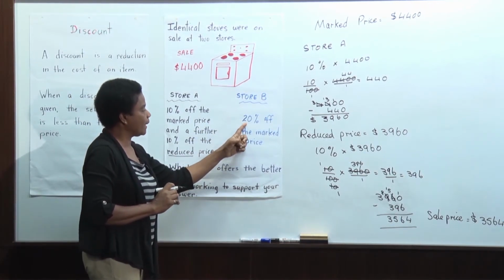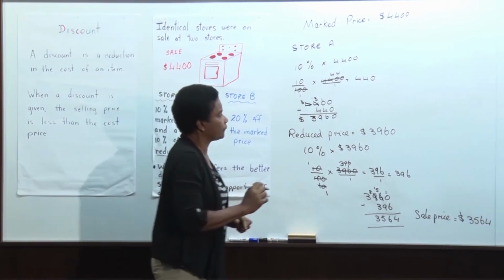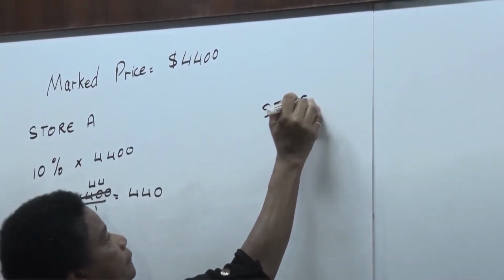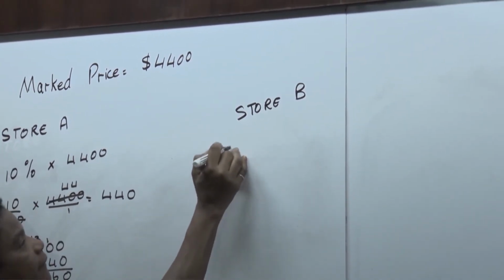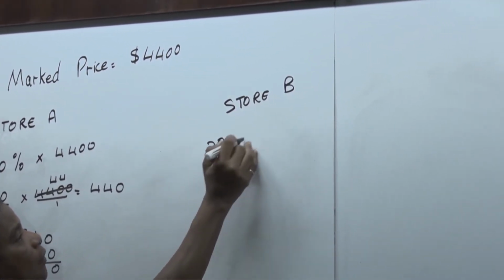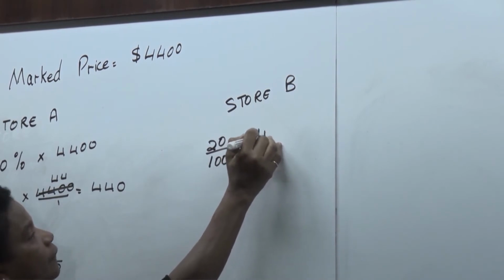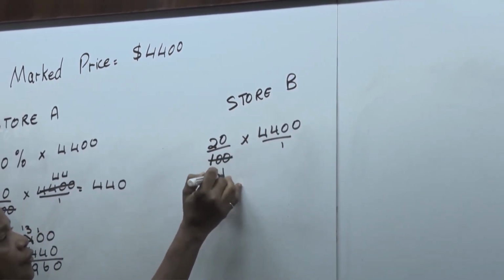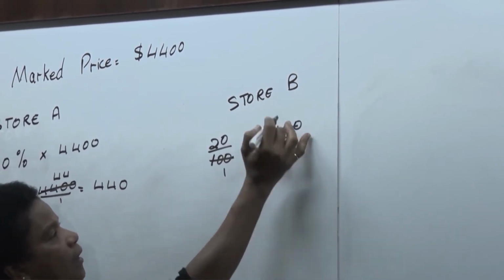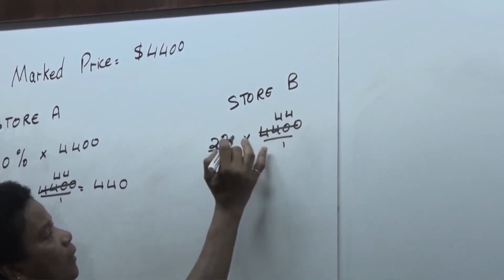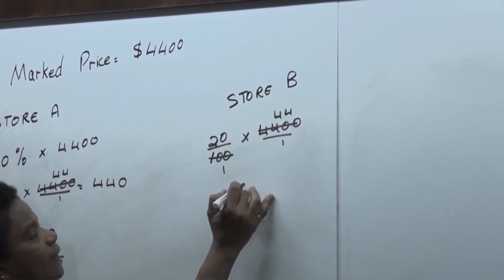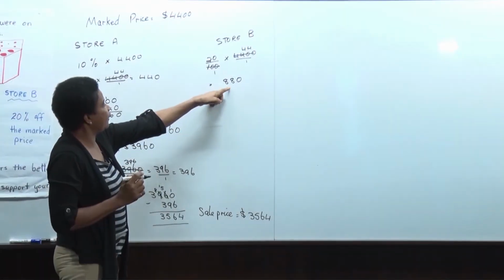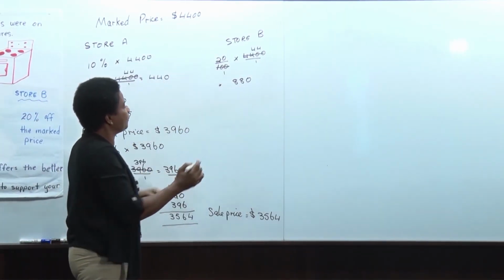Store B says 20% off the marked price. So for store B, we are going to take 20% of the marked price, $4,400. Let's work that. 100 into 100, 1, 100 into 4,400 is 44. And when we multiply 44 by 20, we're going to get 880. So we're going to take $880 off the marked price.